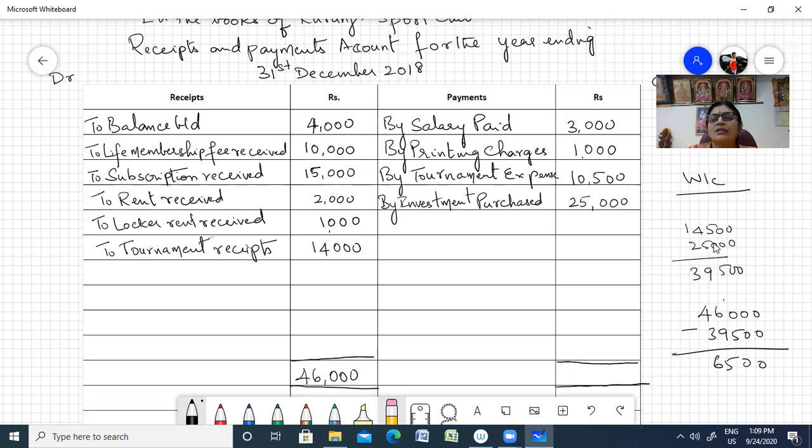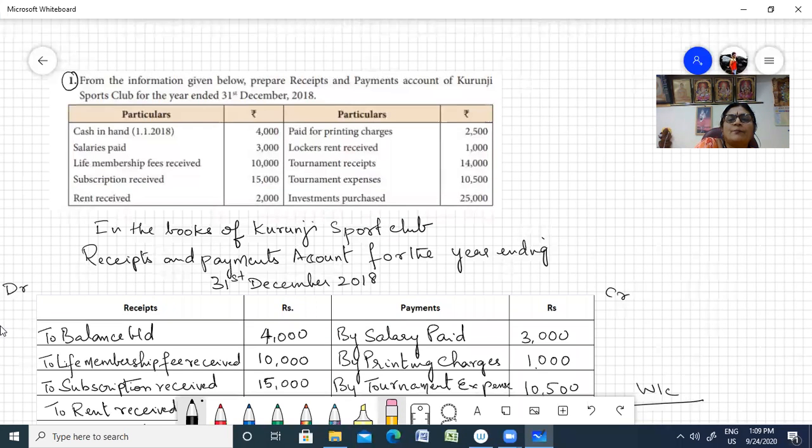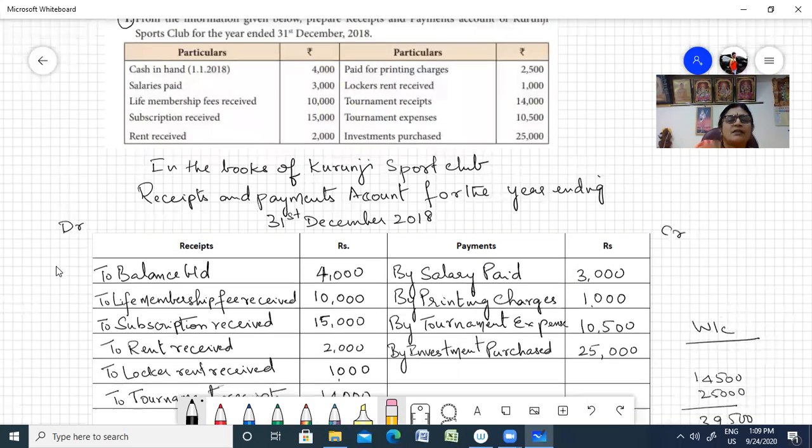6,500. You check 3,000 here. Printing charges paid. Let us again check. Have we copied the printing charges paid? Recheck everything. 4,000 you copied, yes. 10,000, 3,000. Salary paid 3,000. Life membership 10,000. Then received 15,000, 2,000. Salary paid 3,000. The printing charges are 2,500.